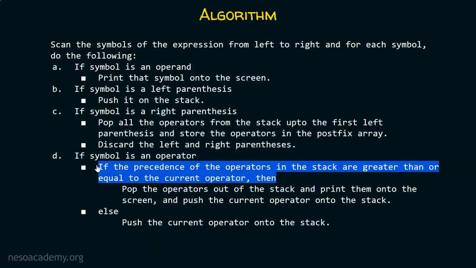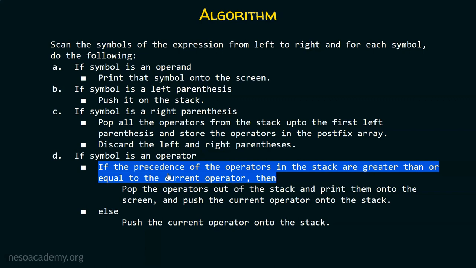Okay. Now here, if the symbol is an operator and if it is the case that the precedence of the operators in the stack is greater than or equal to the current operator under consideration, this means we have to check the precedence of the operators in the stack and the precedence of the current operator, and we have to compare them.